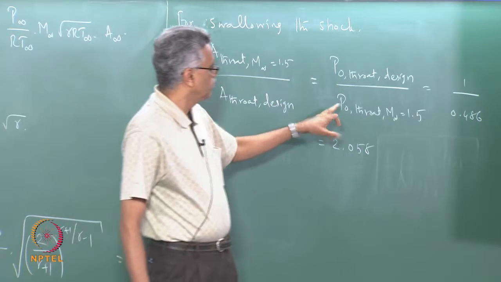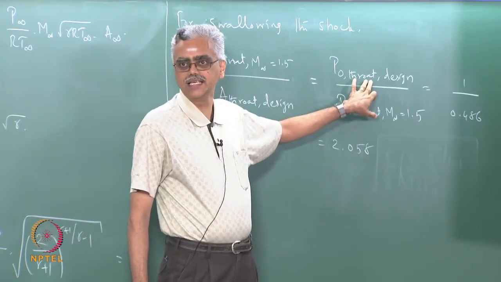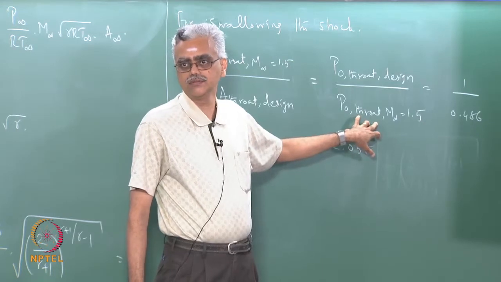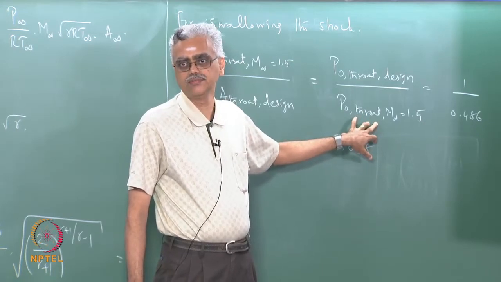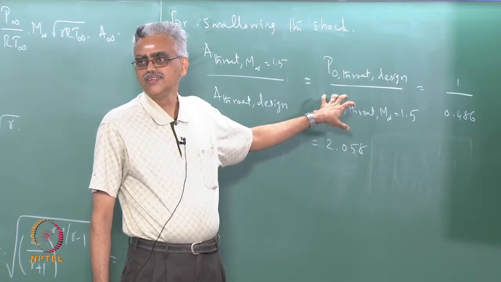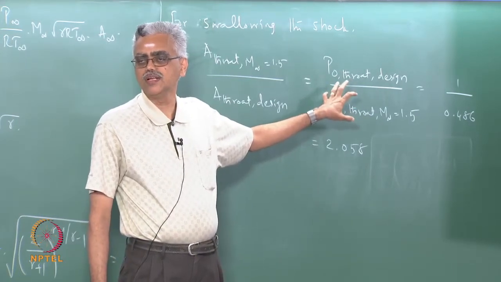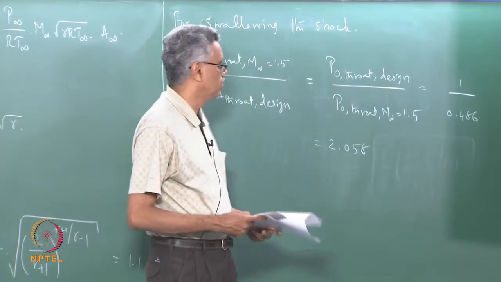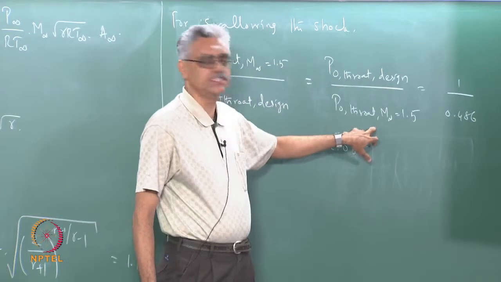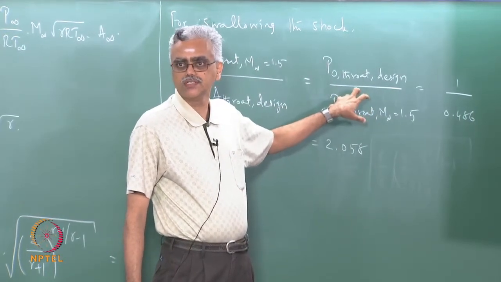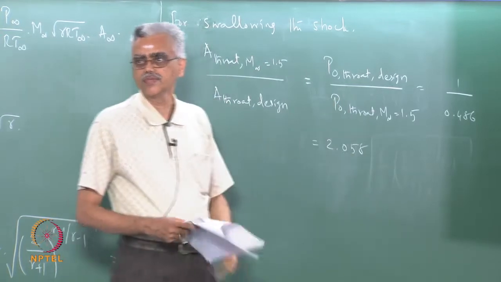In other words, P0 infinity for the design case is not the same as P0 infinity for the off design case, correct, because the speed is different. Otherwise this would simply be the ratio of stagnation pressures across the shock wave, okay. So in this case, because the static conditions remain the same and stagnation conditions change, we need to make sure that this is calculated properly, okay.